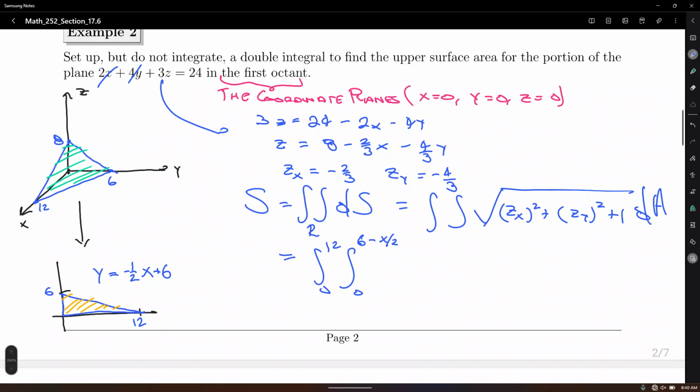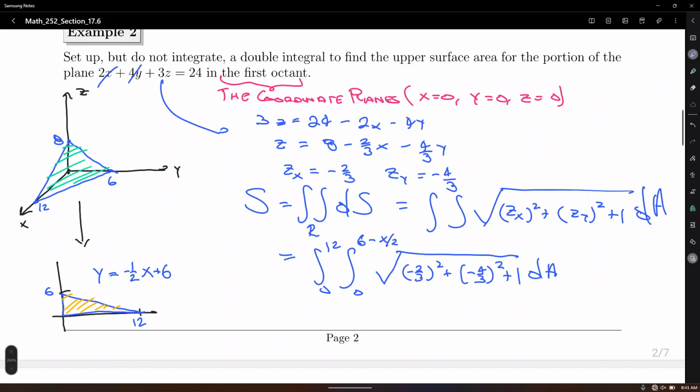Either way, it's the same. Square root of negative 2/3 squared plus negative 4/3 squared plus 1, dA. 2/3 squared gives us 4/9, plus 16/9, that's 20/9 plus 9/9, so 29/9.